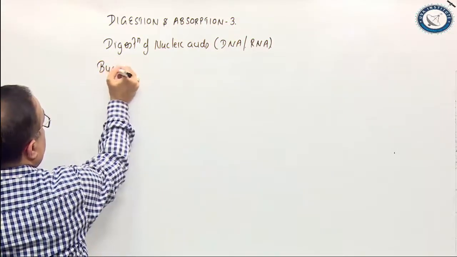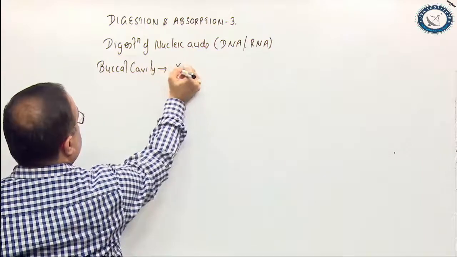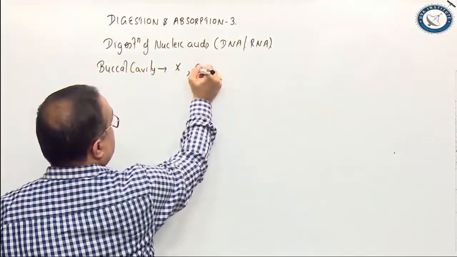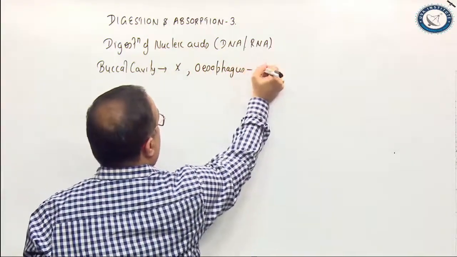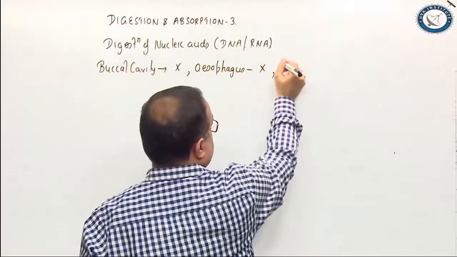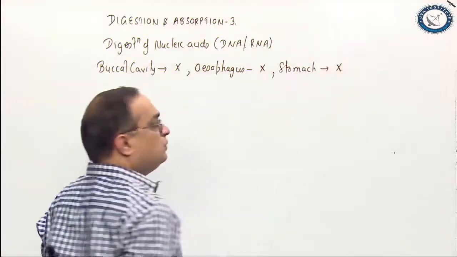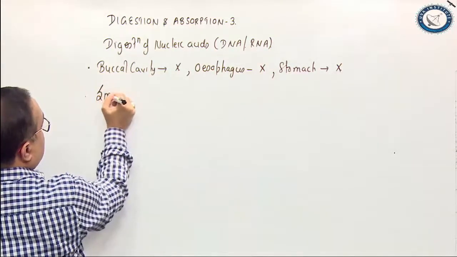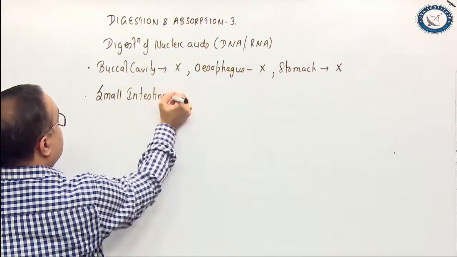Starting from the buccal cavity, there is no enzyme to digest the nucleic acid, so no digestion. Next is the esophagus, where there is no digestion of nucleic acids. Stomach, again, there is no digestion of nucleic acids. So, the nucleic acid digestion starts in the small intestine and is completed here itself.